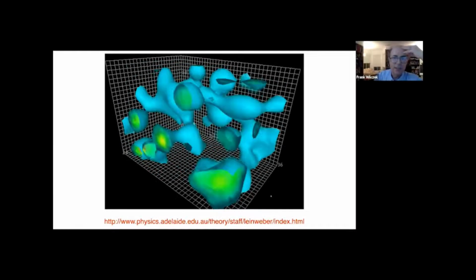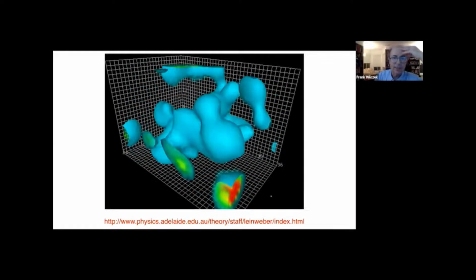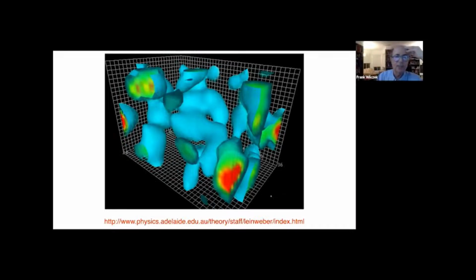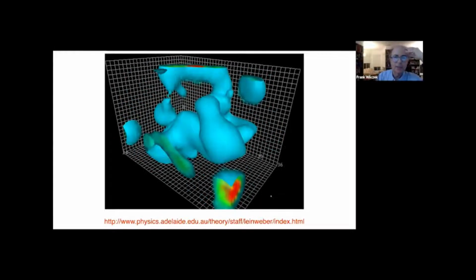Now, these are quantum mechanical fields. They obey the rules of quantum mechanics, which means they fluctuate.